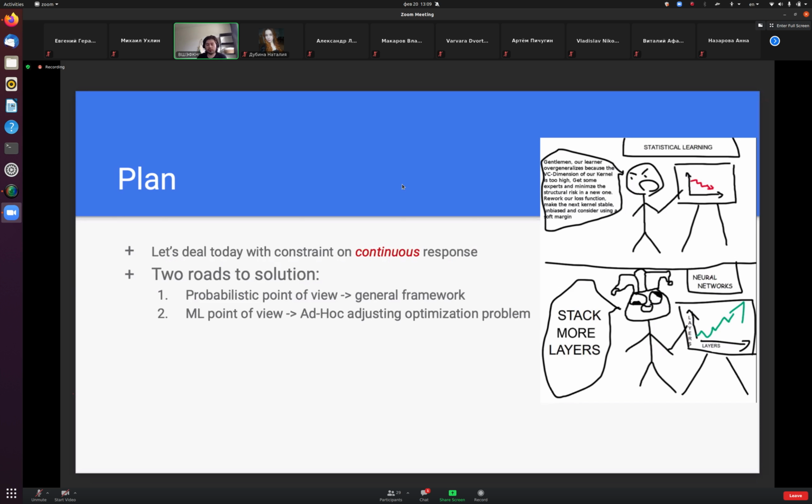It has its benefits, but for each different domain constraint, we need to develop a new way to modify our optimization problem. And from my point of view, it's not very beautiful, not very useful, because for each problem we need to develop a separate way of thinking about it, and it's not satisfying, at least.